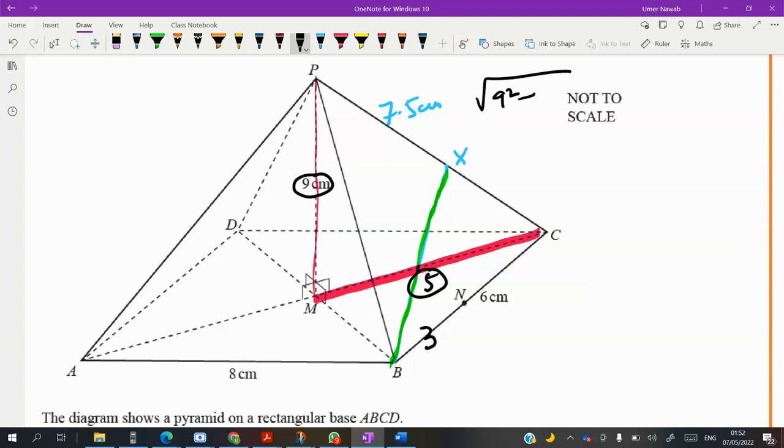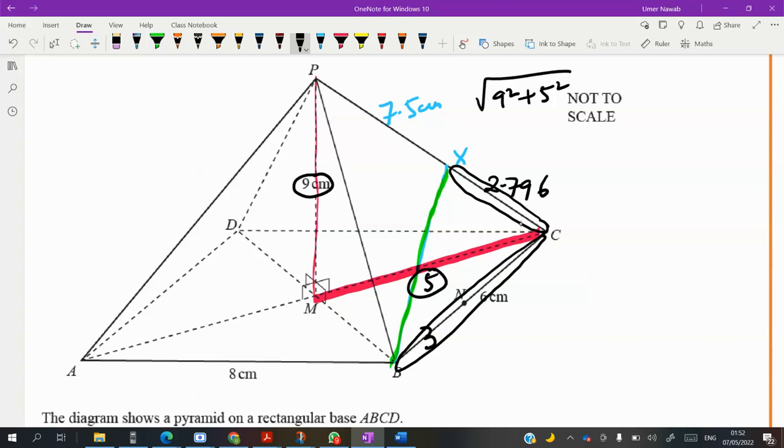So 9 squared plus 5 squared, right? This will help us to find the PC side. And from PC, we will subtract 7.5. It will give us 2.796. Now, once we find XC, we already have this side.